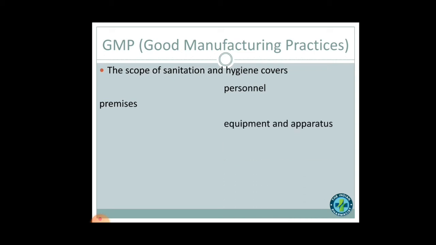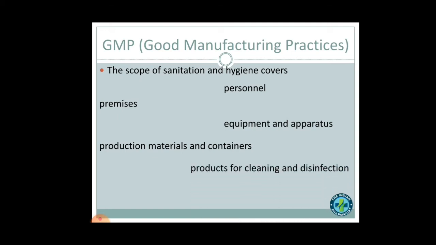Equipment and apparatus: whatever equipment is used for the procedure and is sanitized should be covered. Production materials and containers, like raw material dispensing containers, dispensing vessels, or any holding vessel, shall be monitored and covered during that sanitation and hygiene procedure.